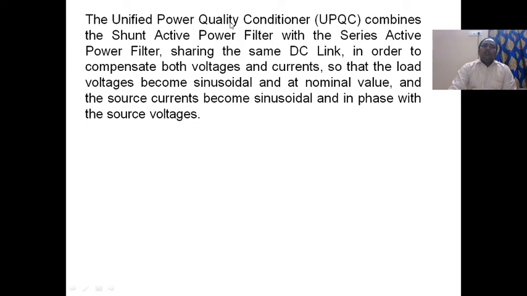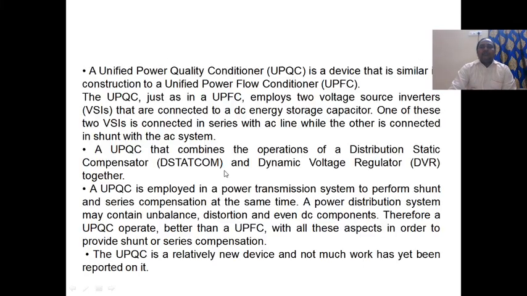The unified power quality conditioner combines a shunt active power filter with a series active power filter sharing the same DC link in order to compensate both voltages and currents, so that the load voltage becomes sinusoidal and at normal value, and the source currents become sinusoidal and in phase with the source voltages.